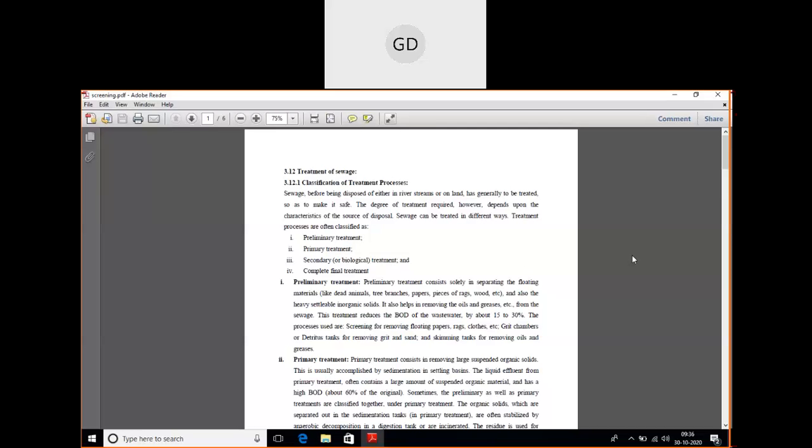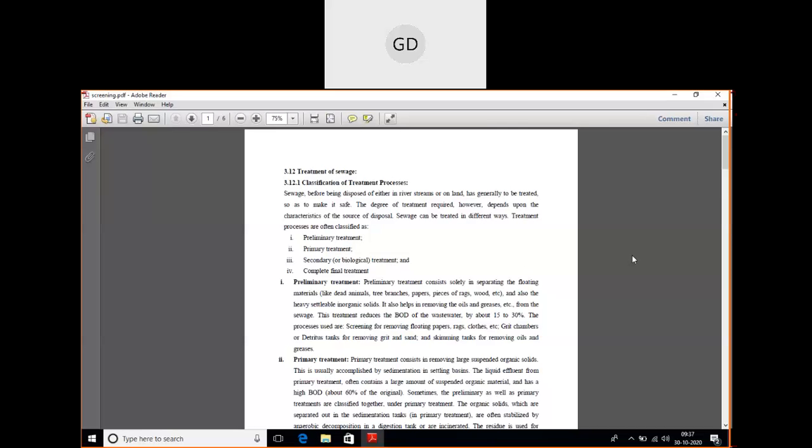Next is your secondary treatment. What is secondary treatment? It involves the further treatment of the effluent that comes from the primary treatment, or the primary sedimentation tank, after preliminary and then primary.